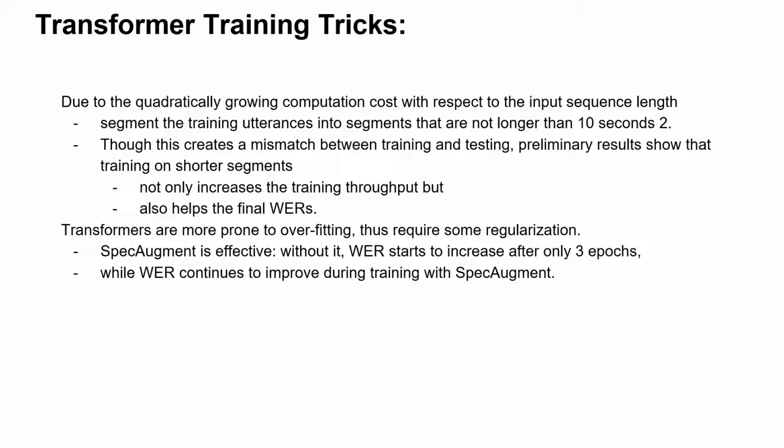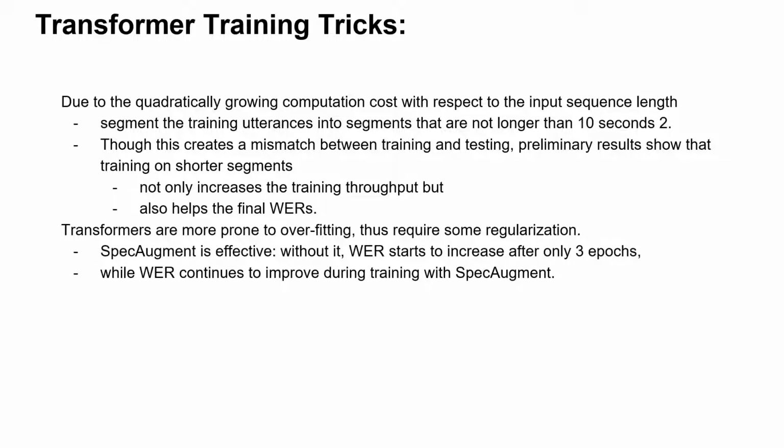Some of the practical tricks from this particular paper: as the length of the input sequence increases, the computation cost goes high. So one neat trick was that even if it is a long audio signal, we can just reduce it to 10 seconds and do the training on that 10-second segment.